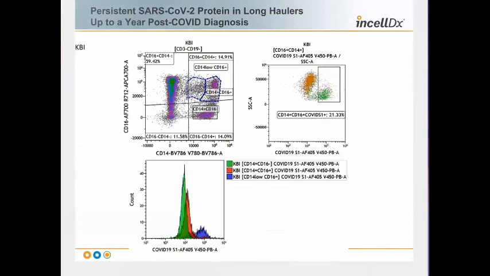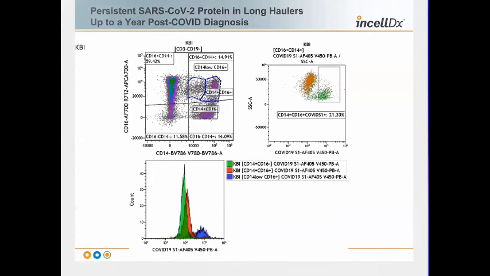Now, the most important aspect of all this work that has been brought together through immune profiling is that we actually found long-lived cell types still containing SARS-CoV protein in long haulers up to a year post-COVID diagnosis. This is an individual that just celebrated, and I use that word loosely, their 1-year anniversary of being infected with COVID.